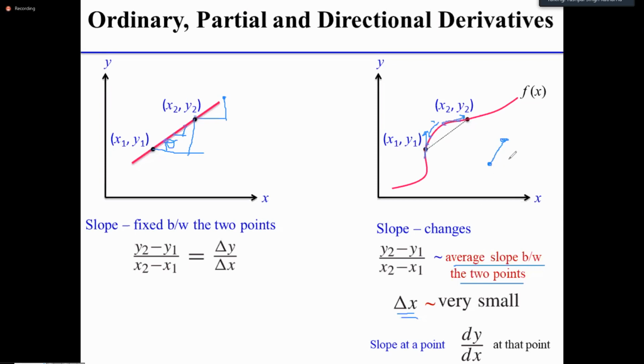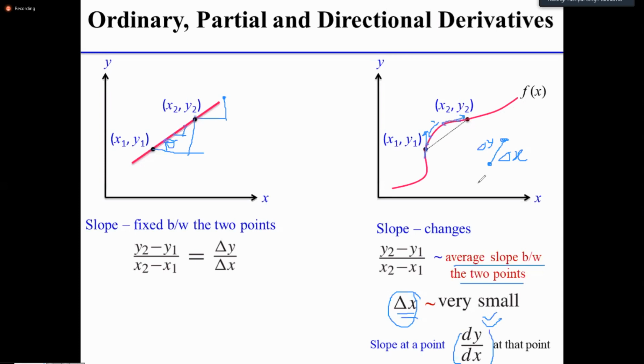So for very small delta x, this change in y or delta y can be given with a straight line. So for that very small delta x, we define delta y over delta x as dy over dx at this point.